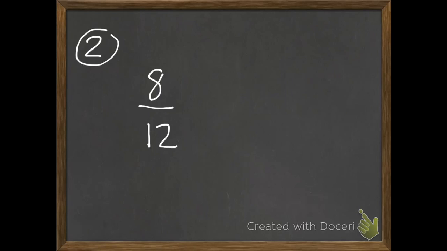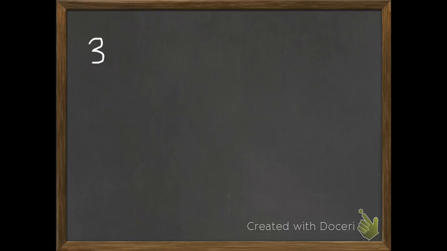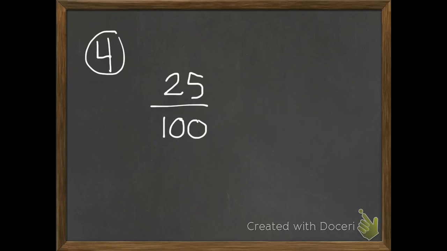Or if it is, you can just write simplest form. Number 3 is 3/5. So put that in simplest form, or if it already is, just write simplest form. And last of all, 25/100.